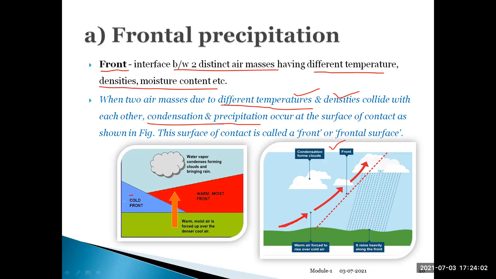We can see here the cold front and the warmer front, where the warmer air is forced over the cooler air. The warmer air gets lifted over the colder air and reaches the atmosphere, and there the condensation occurs, which forms clouds, and the clouds will bring rain. That is called frontal precipitation.